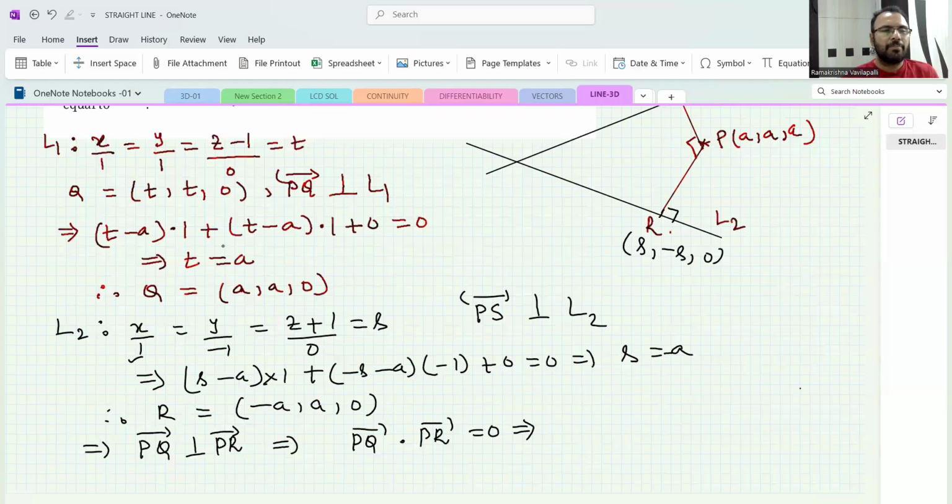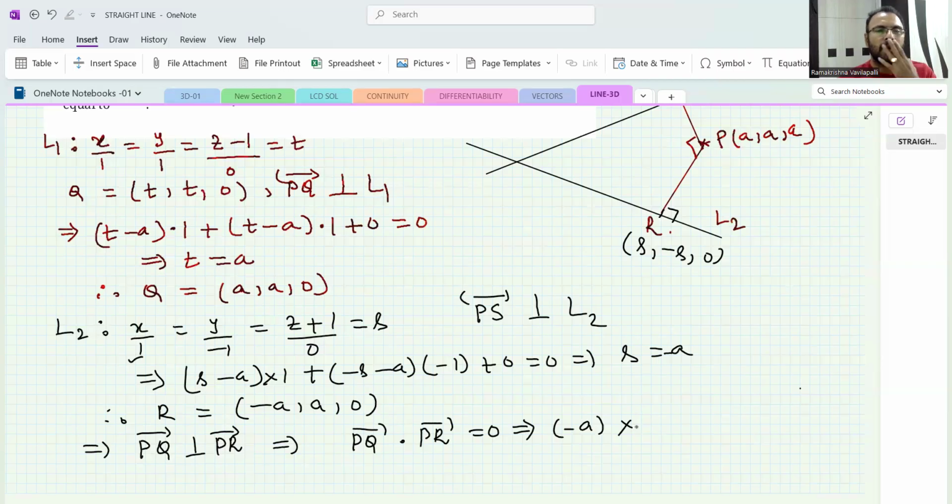We got point Q and point R, so PQ is nothing but (a minus a, 0, ...) and PR vector is minus 2a.